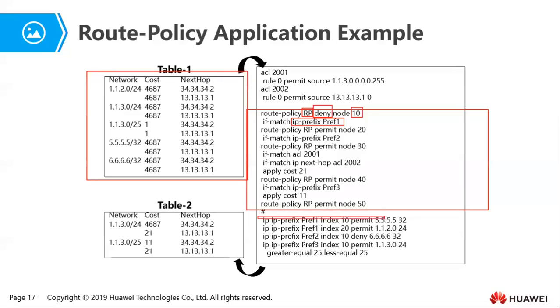We will have configured this: IP prefix pref1 index 10 permit. Here we are saying permit 5.5.5.5 32. So what happens? In the IP prefix, we have a permit. In the route policy, we are saying we deny that network. So what do you think will happen eventually? Are we going to learn this network anymore when we implement this route policy? What is your guess?